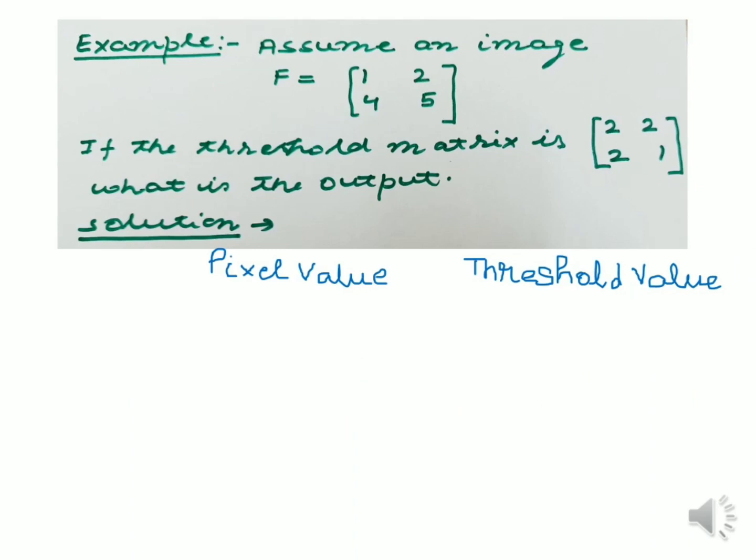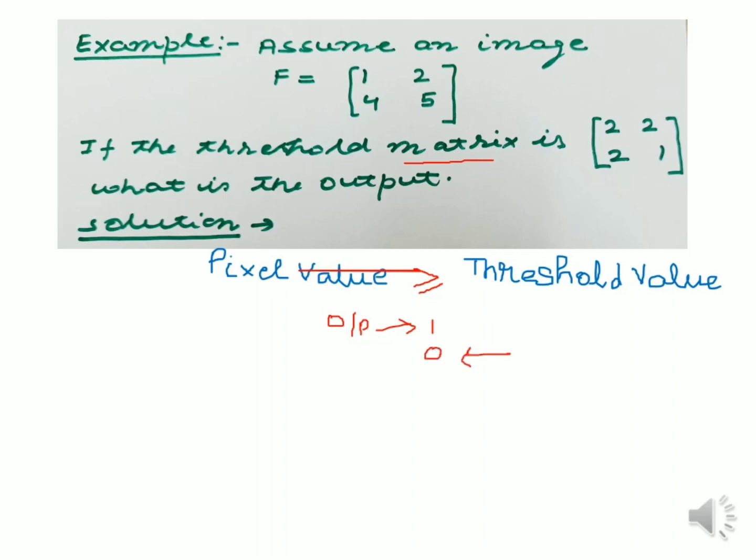Here the threshold matrix is given. Again, you have to write down the output. The pixel value is compared with the threshold value. If the pixel value is greater than or equal to the threshold value, the output will be 1. Otherwise, it will be 0.